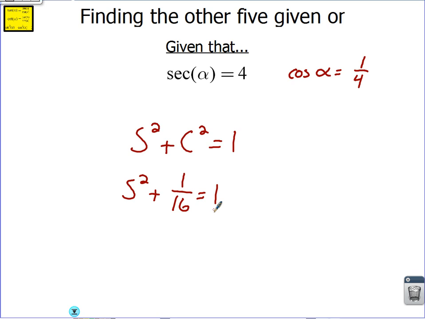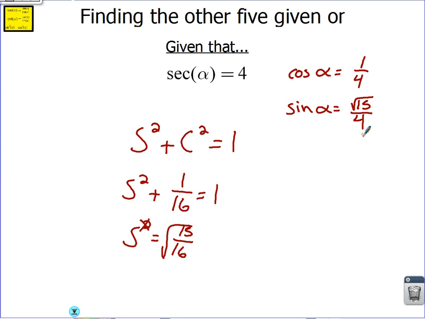I've got to move 1/16 over, so now I have sine squared equals 15/16, because 1 whole is 16/16. To get rid of a square, I square root. So now I have the sine of alpha is the square root of 15, doesn't simplify, over the square root of 16. So the square root of 15 over 4.